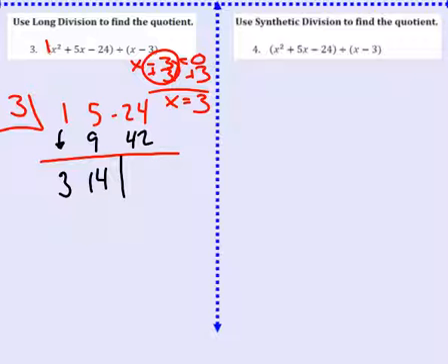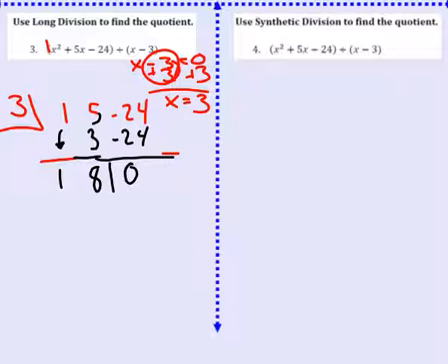And this would be negative 24 and 24, so they end up being 0. So here's our remainder. This is our constant. This is our x. So we're going to have 1x plus 8 as our final answer.